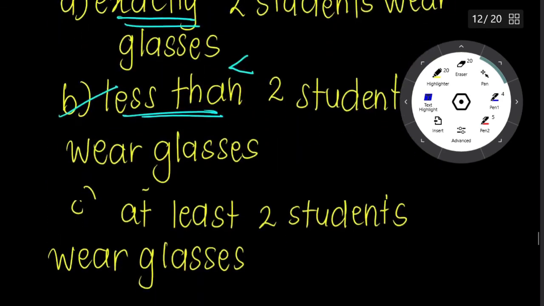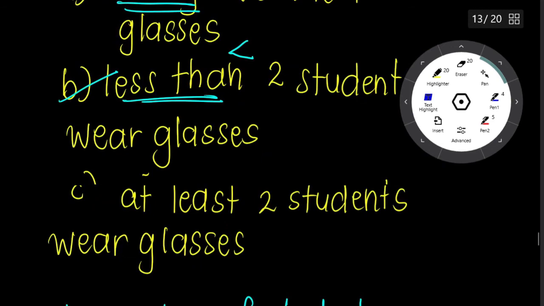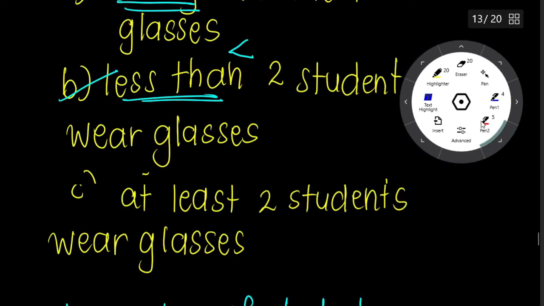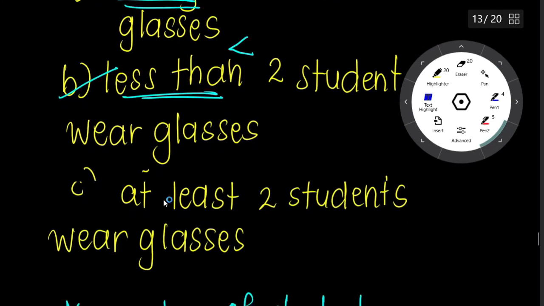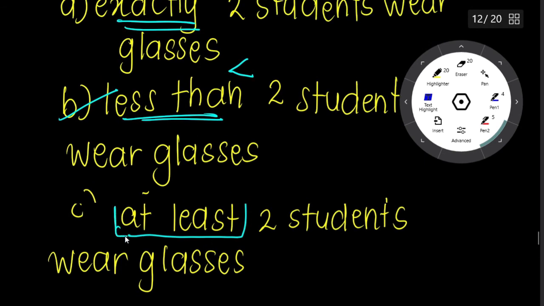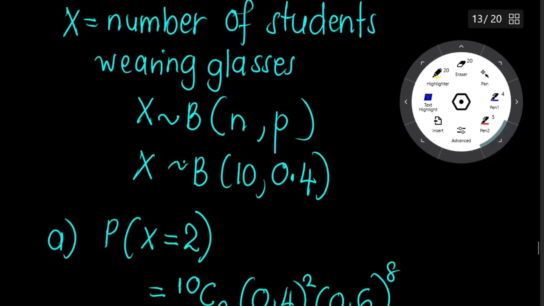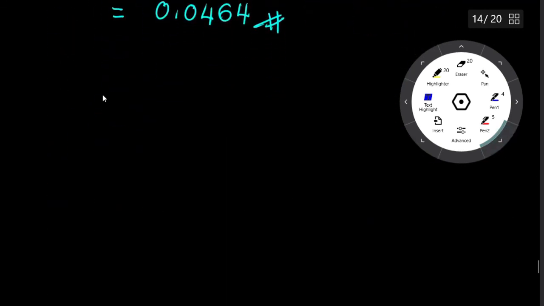Okay. So part C, if you see the question, they say find the probability that at least. So now our keyword here is at least. At least two students wear glasses. So how to write at least? At least means bigger than and equal to, greater than and equal to.